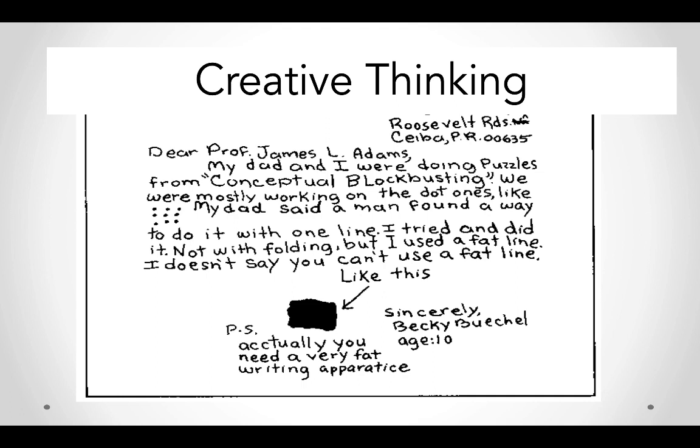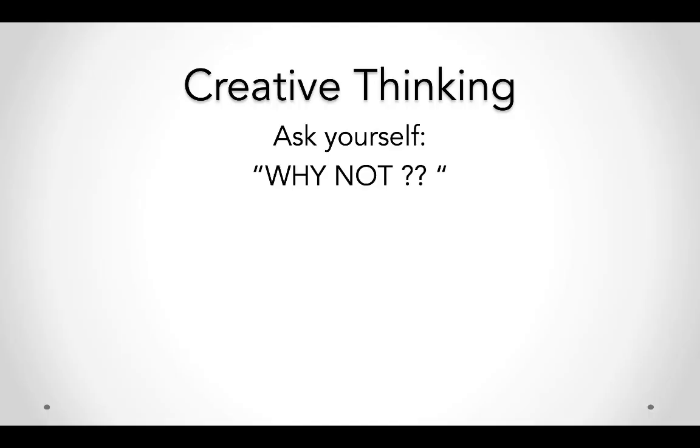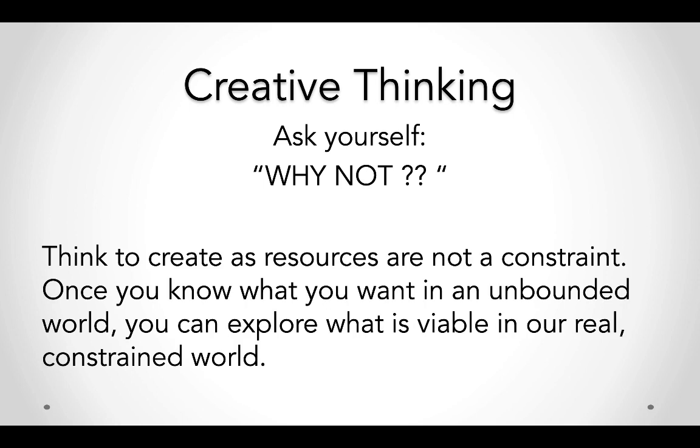Or give it to a kid. Kids have unlimited imagination, and as we grow up and become adults, that's where we put constraints on our mind. But give it to a kid, they will actually figure out a better solution. So when you are faced with bounded awareness, when you don't know what to do, just ask yourself why not, and try everything that is possible, use your imagination, unbound your mind, and see what's viable.